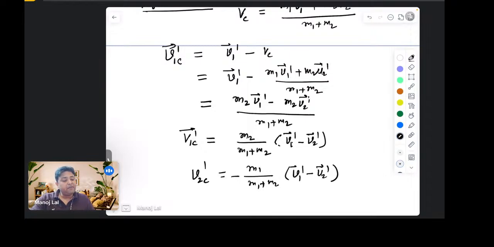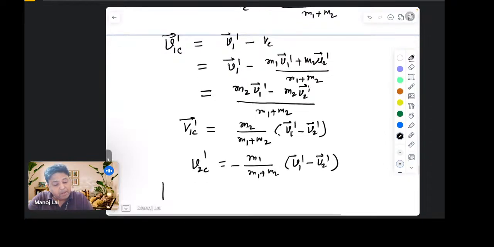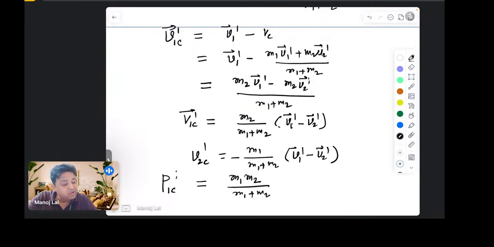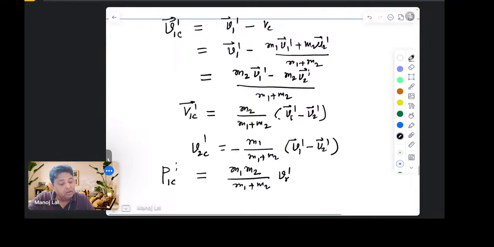So students, if I write the momentum of particle 1 with respect to the center of mass frame after collision, it could be M1 M2 by M1 plus M2 into V1 dash plus, that is, V relative dash.